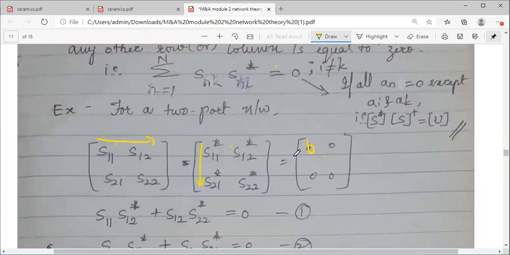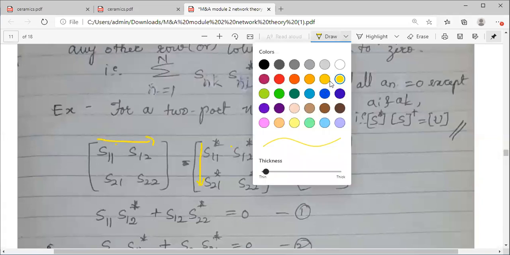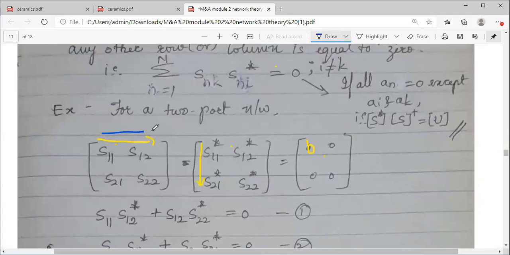We got equal to 1. But this time, I will take first row and second column. Not its own complex conjugate, but the other row or any other column. Similarly, if I take second row, in a unitary property, second row, second column I took. Now second row, I can take first column. Exchange it. Okay, remaining columns you can multiply. So that will be equal to 0.